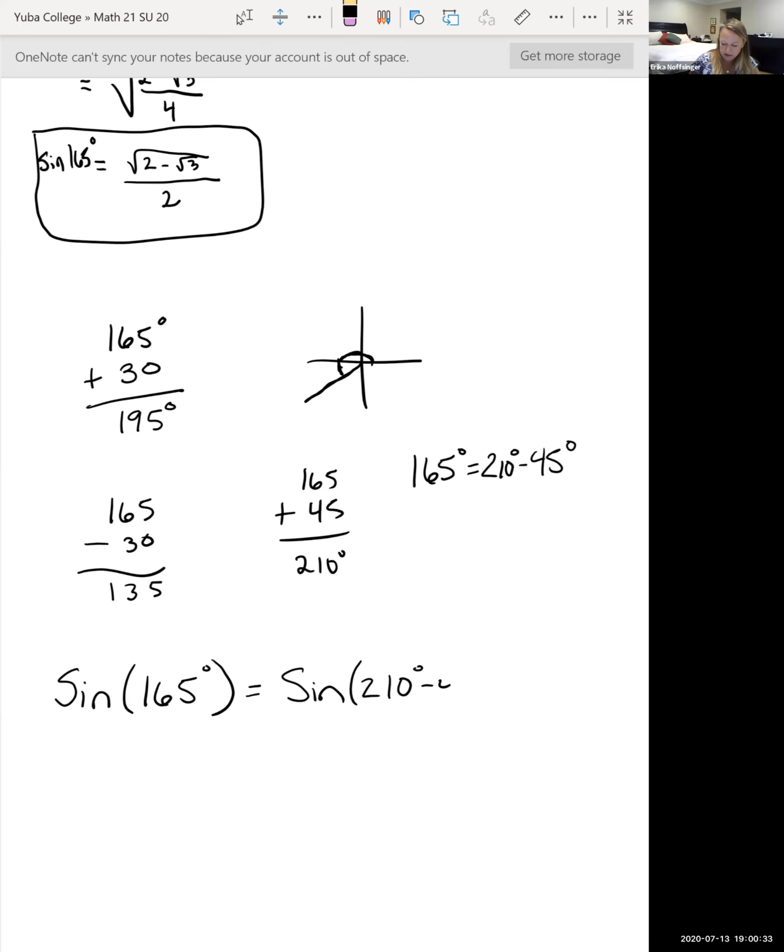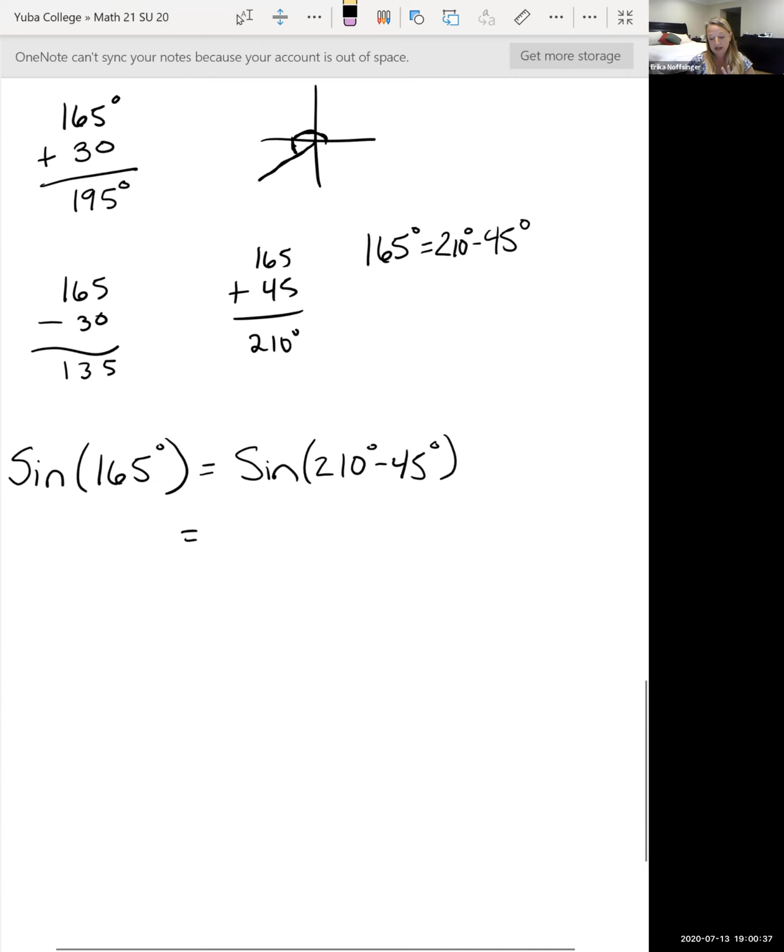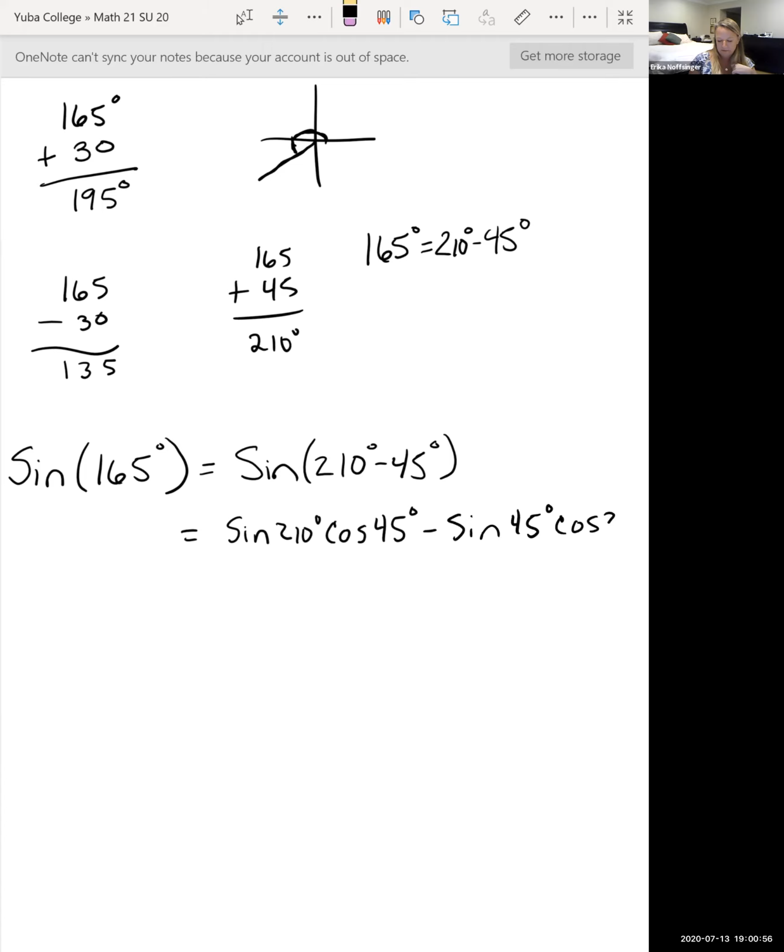And now we can use the difference of angles formula for sine. So sine is sine, cosine, same sign in between: sine of the first angle, 210, cosine of the second angle, 45, same sign in between, minus sine of the other angle, 45, cosine of the first, 210.